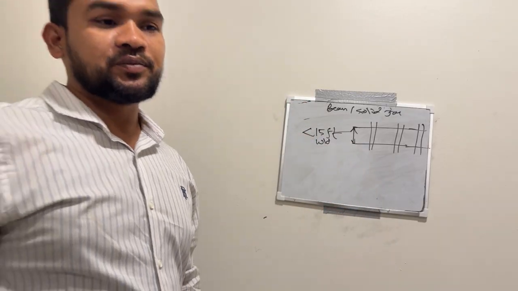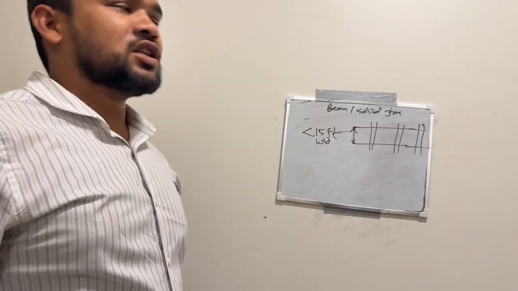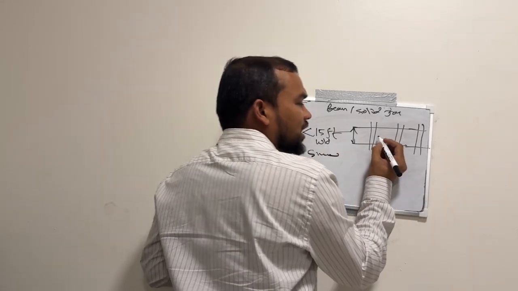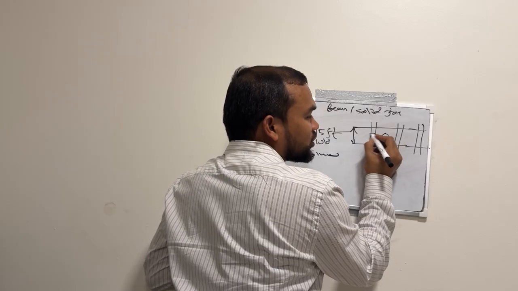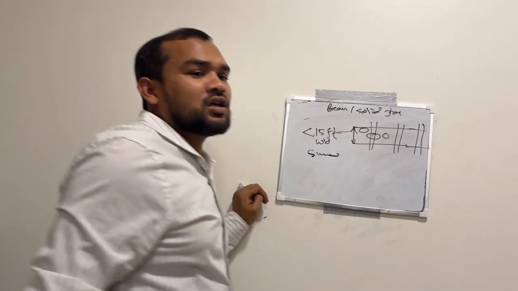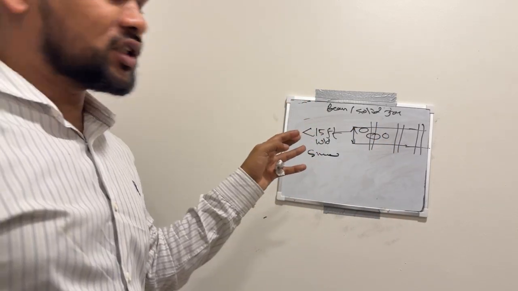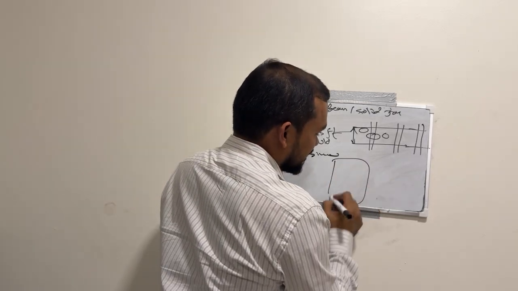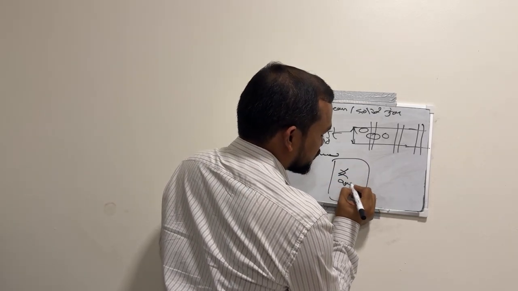In this case, we consider a smooth ceiling, and the detector will be installed either on the ceiling, at the bottom of the beam, or on the side wall. Second, we have a room less than 900 square feet.